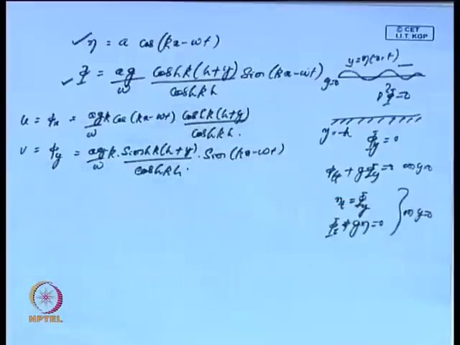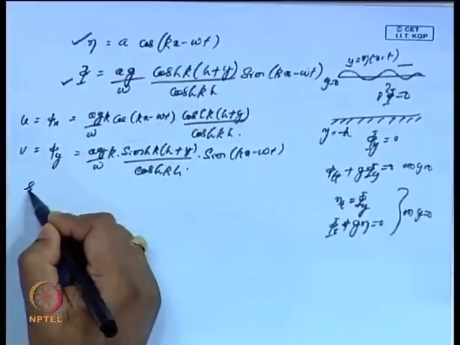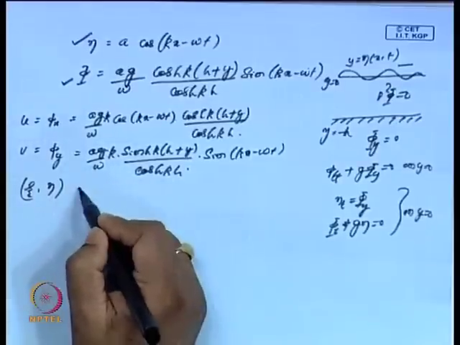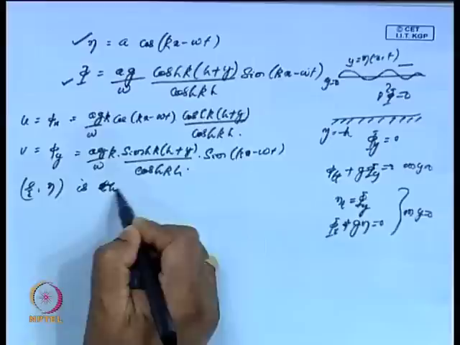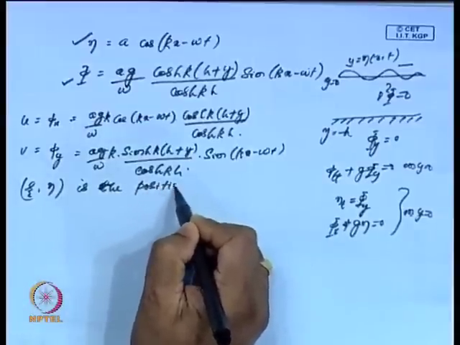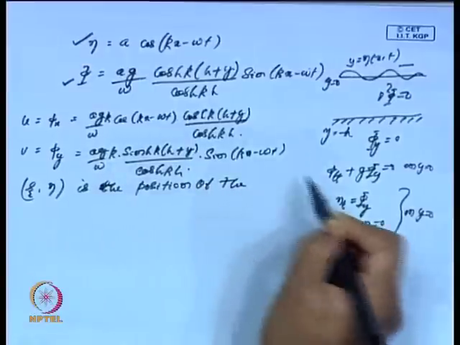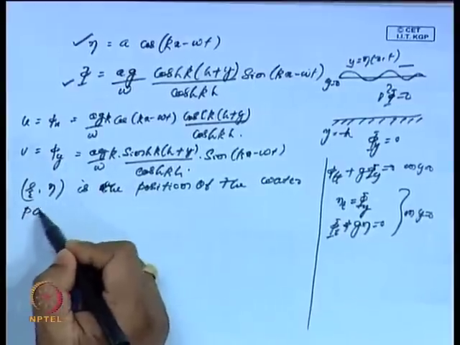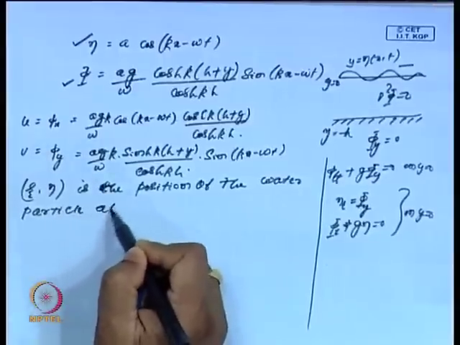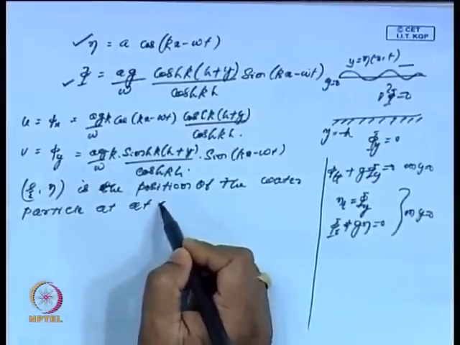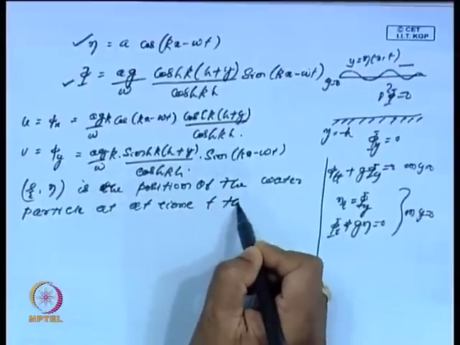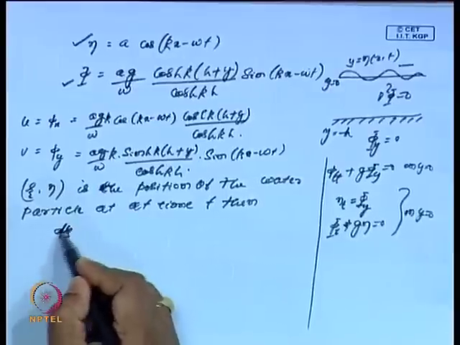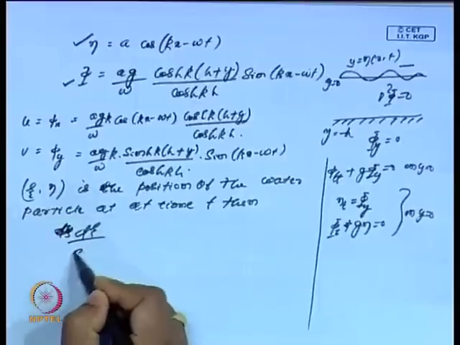Then, we all know that if xi and eta is the position of a particular water particle in the fluid domain at time t, then u is nothing but d xi by dt.